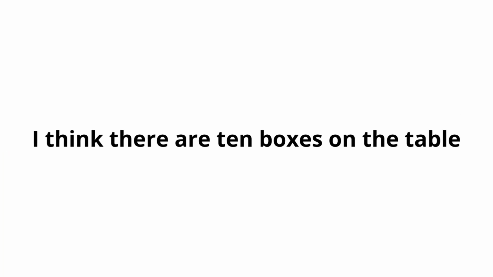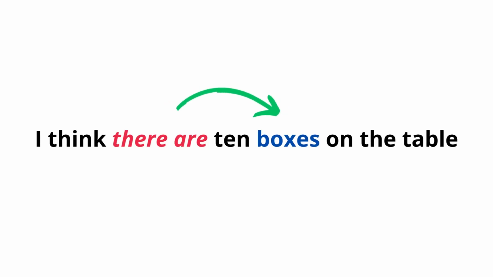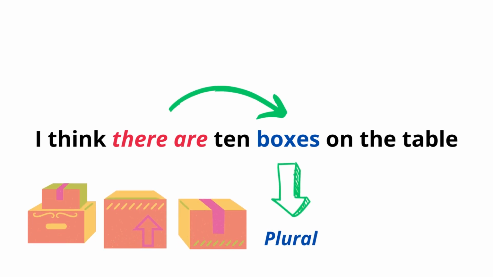For example, I think there are 10 boxes on the table. From this example, we can see that the use of there are is followed by a plural word. In this case, it is the word boxes, which is the plural of box. But this example might be quite easy because we are helped by the word 10, which means there are 10 boxes.